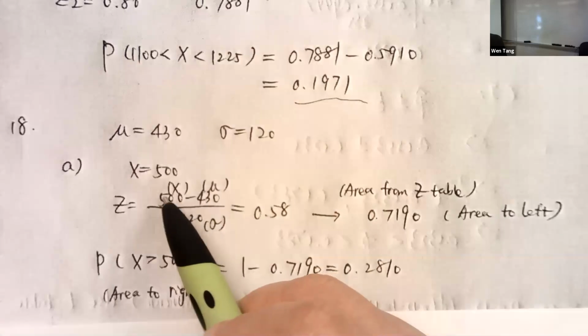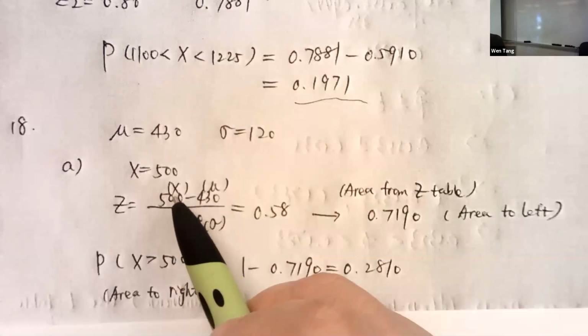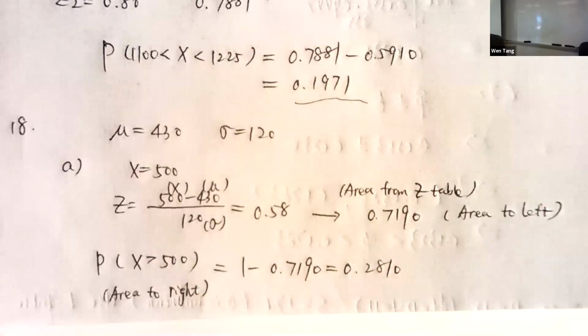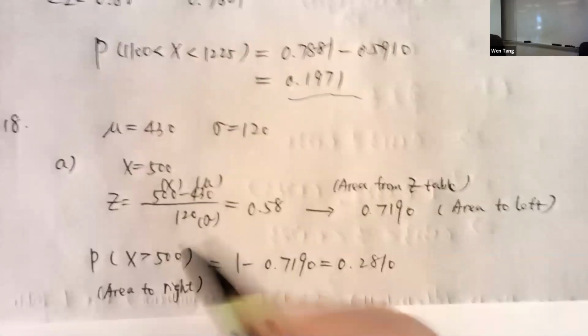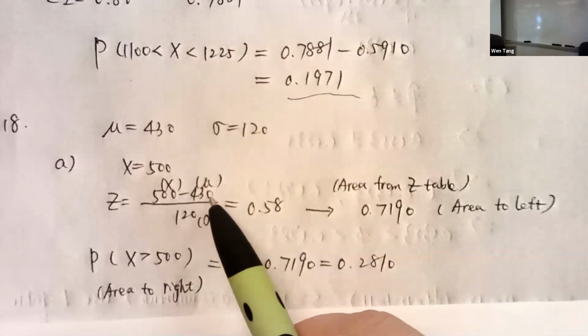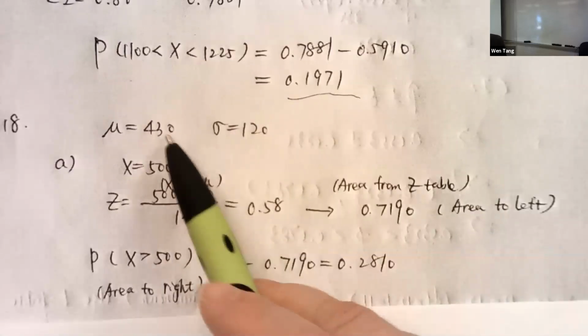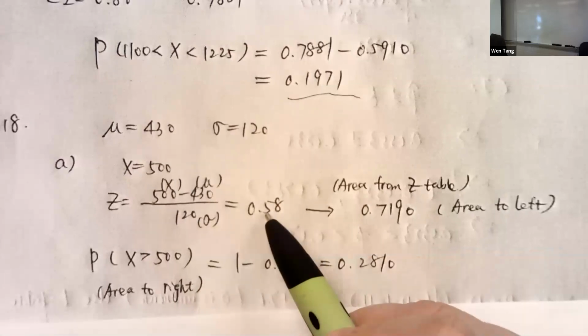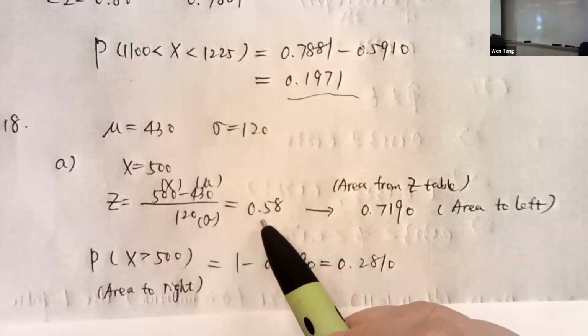Here 500 is the single X value because we only randomly picked one student. That's the single X value minus the mu value. Mu is from your question, right? And divided by the sigma. So we have the Z. We transfer our single X value to the Z.